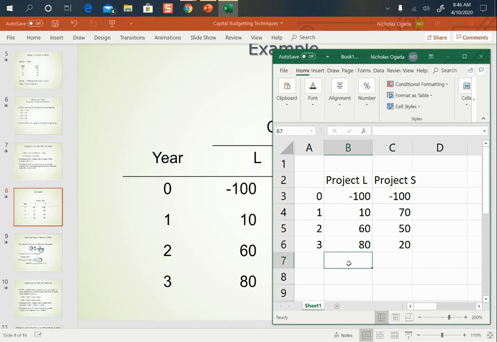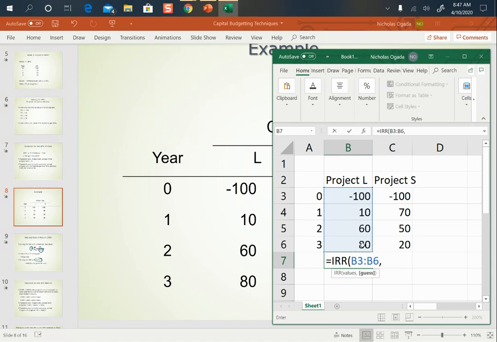If we are going to use a calculator to determine the internal rate of return, you key in the values. Our first value is 10. You could key them in one by one if you want to, but what I'll do is select the cash outflow and then select all the cash flows.